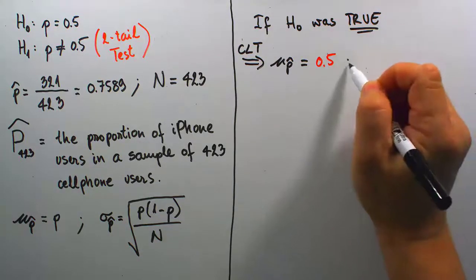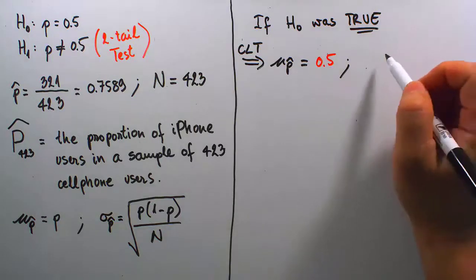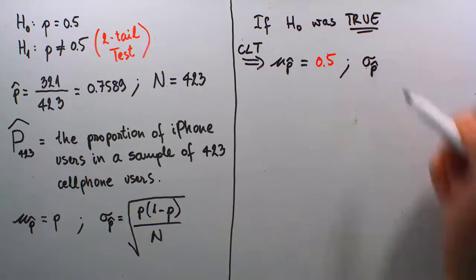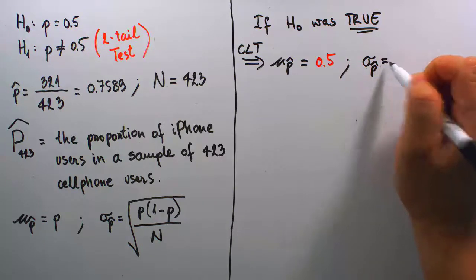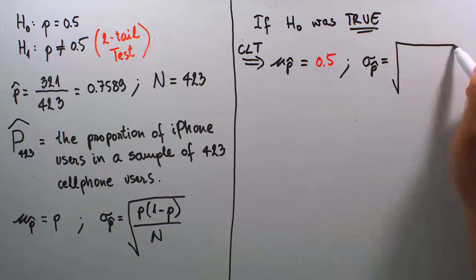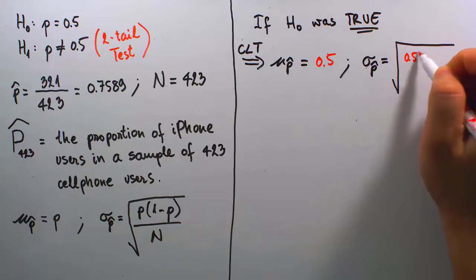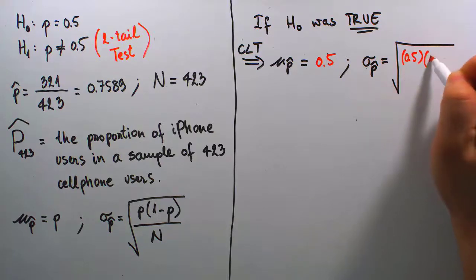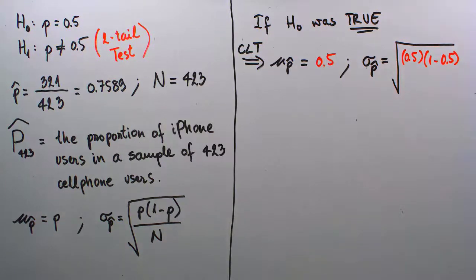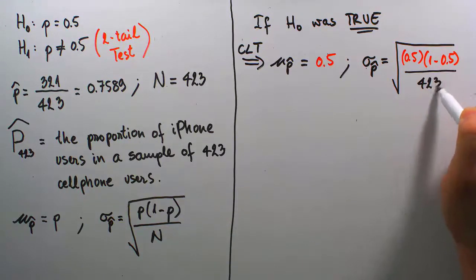And further, as a further consequence, the average spread, or the standard deviation of all sample proportion values, now can be found by taking a square root expression, and inside of that we're setting up 0.5 times 1 minus 0.5 divided by 423.